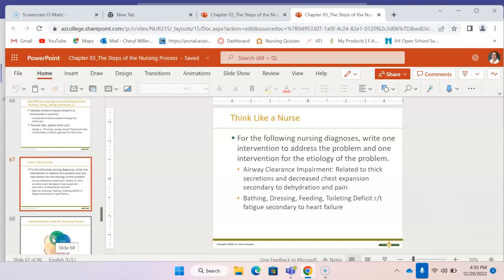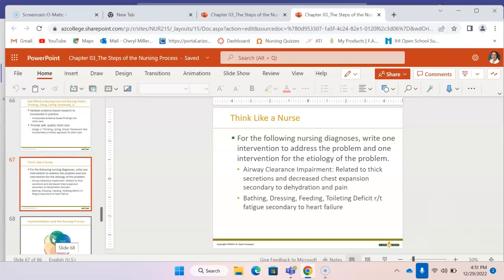patient? Okay. Bathing, dressing, feeding, toileting deficient, due to fatigue related to secondary heart failure, fluid overload on the heart, self-care failure, so unable to do care, and fatigue related to heart failure. Two things that I would do.